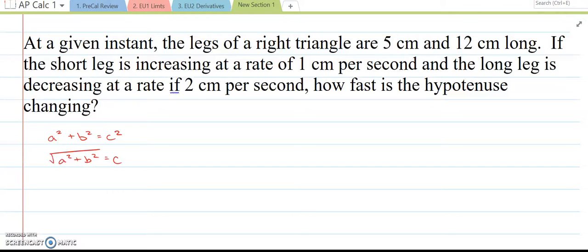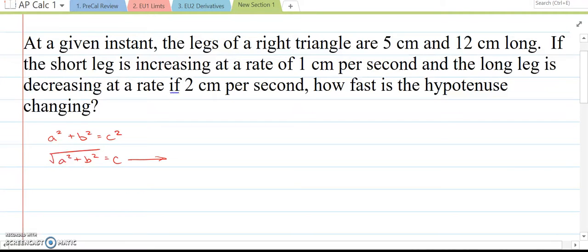Yes, they are. Now that you have this, we're going to go ahead and do a chain rule on it, differentiating with respect to time. That means we're going to have a dt on the bottom of every one of the derivatives that we do.